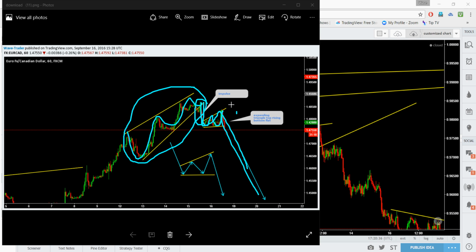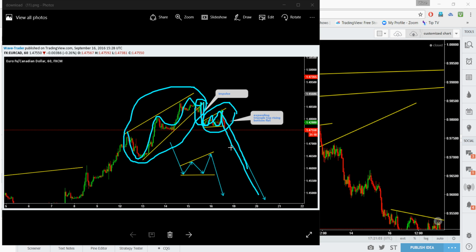This pattern forms when price is going to continue a trend. It forms within the wave, when a particular wave has just begun, whereas the other forms at the top or bottom.